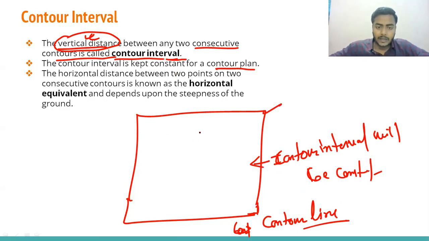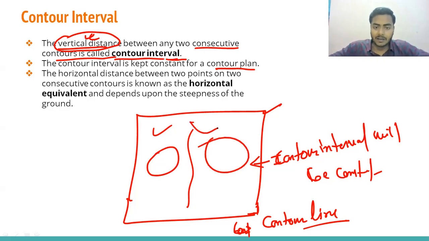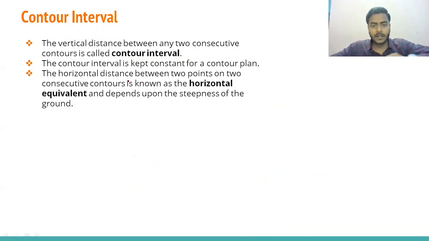If half of it has one contour interval and the other half has a different one, that will be wrong. So for this plan the contour interval will be constant, so that we can differentiate. Here you can see the ground is dispersed, here the ground is elevated, here is the reservoir. So we can get the actual features of the ground by keeping a constant contour interval.